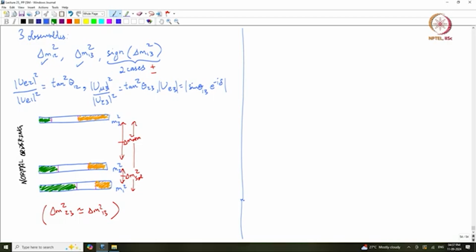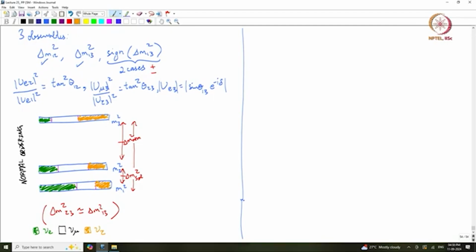In particular, the green corresponds to how much electron neutrino is there, the blank one corresponds to how much muon neutrino is there, and the orange part corresponds to how much tau neutrino is there. For example, we know that m1 squared is mostly electron neutrino and the other half is a rough admixture of tau neutrino and muon neutrino.